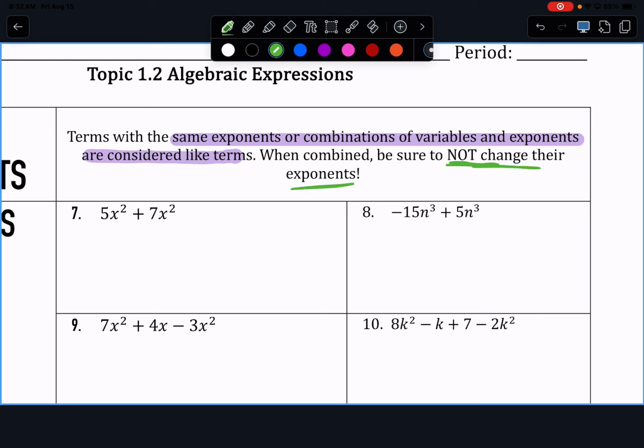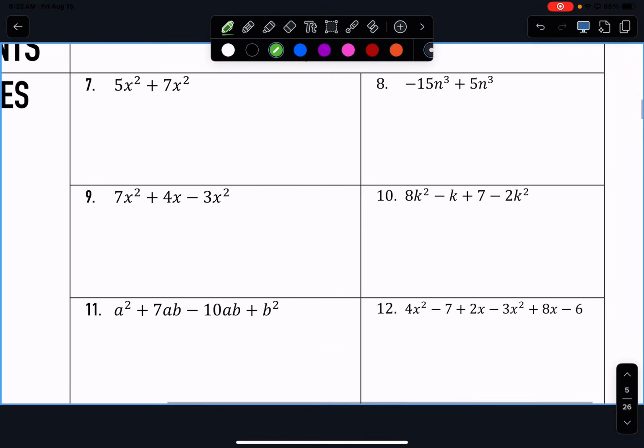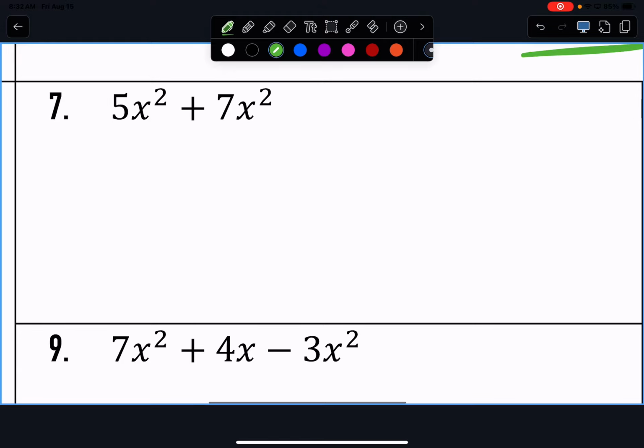The only time exponents get changed is if we're multiplying or dividing, not when we're adding and subtracting. So let's keep with the trend and do odds. For 7, what are our like terms? Are 5x squared and 7x squared like terms? They are, because they not only have the same variable, but also the same exponent. So what is 5x squared plus 7x squared?